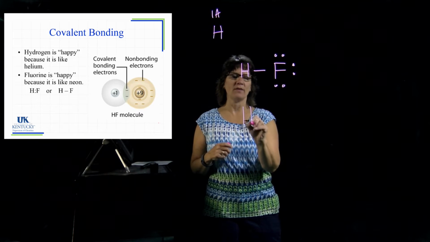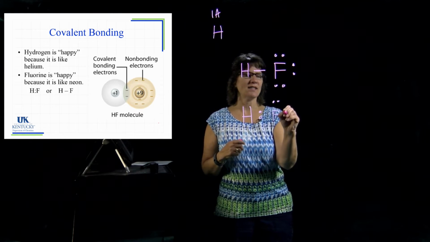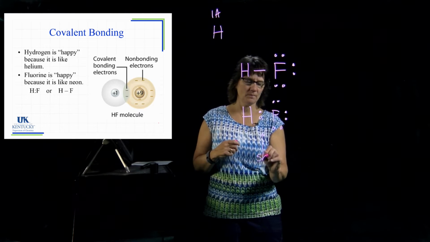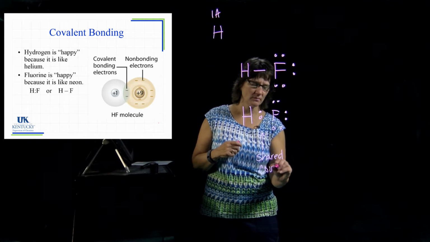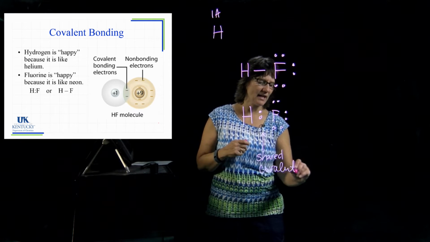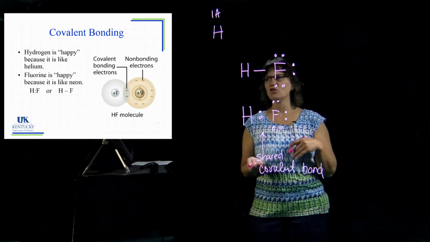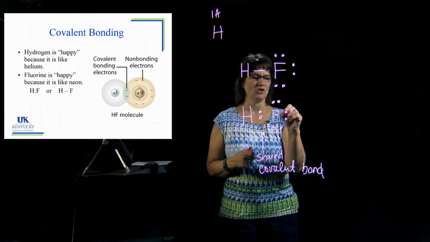Or we might write it this way. Okay? So the dots that are between are the ones being shared, and those are the covalent bonds. That is a covalent bond. If you refer back to the image there on the screen, these dots are the ones that are not being shared.